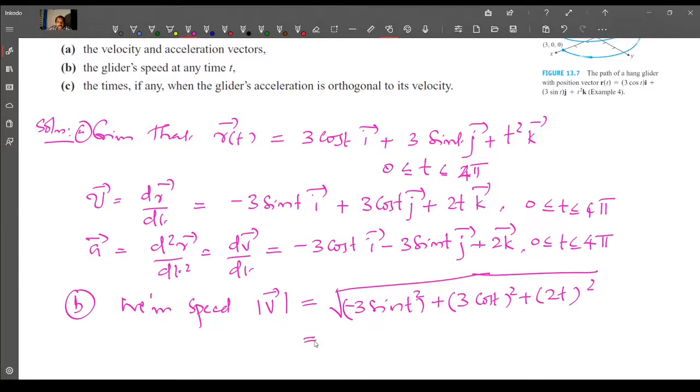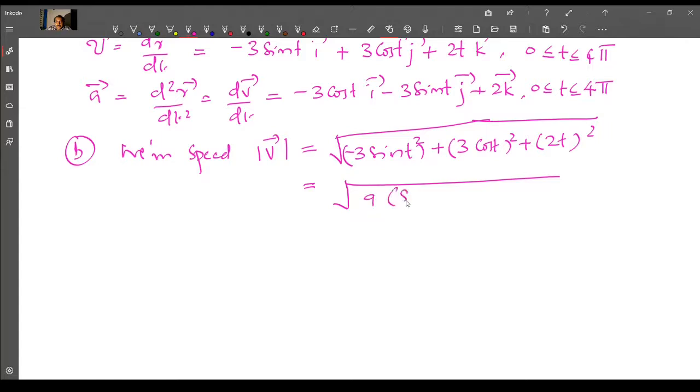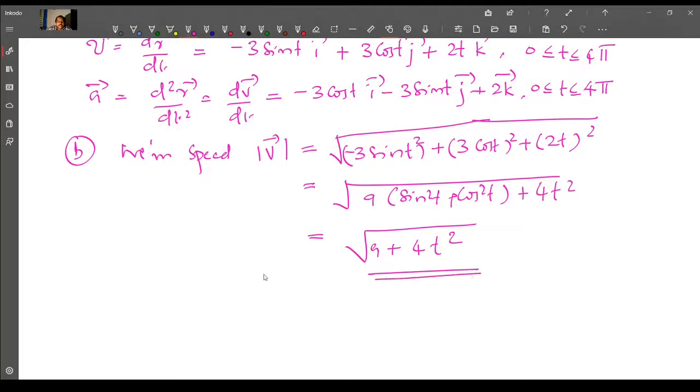So this is square root of 9 into (sin square t plus cos square t) plus 4t square. So this is square root of 9 plus 4t square.